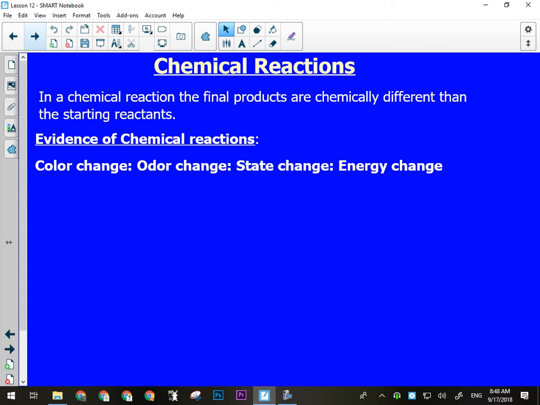All right, so big thing with a chemical reaction. In a chemical reaction, our final products are chemically different than the starting reactants. All right, so if we have a chemical reaction, it might look something like this.